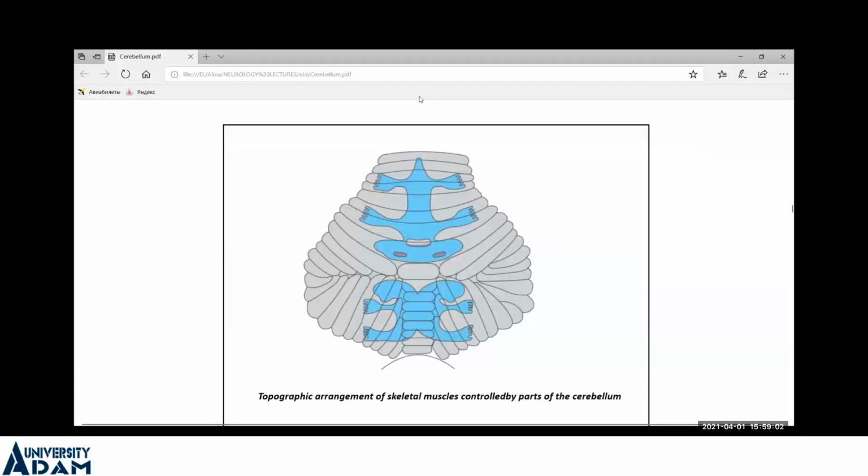Because the cerebellum, guys, actually does not control voluntary movements at all, okay? It regulates those movements. For example, if the lesion is in the brain hemispheres, but the cerebellum stays intact, guys, the person would be totally paralyzed, right?